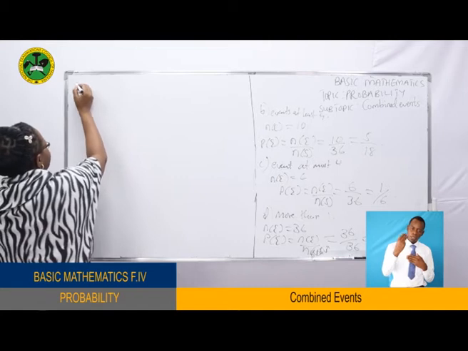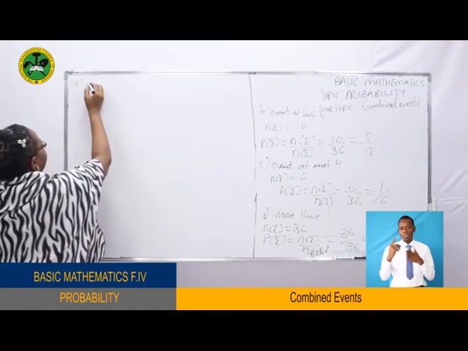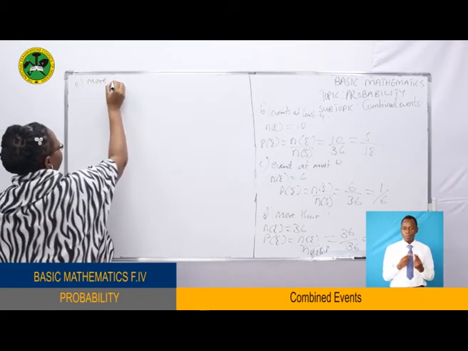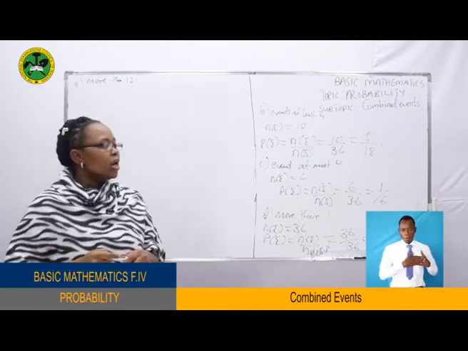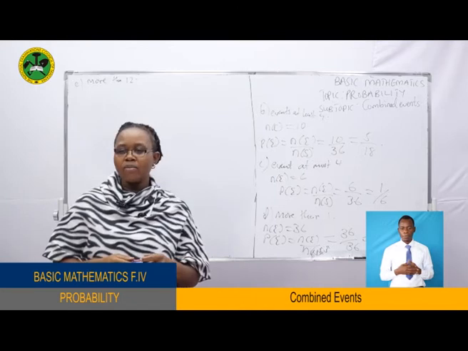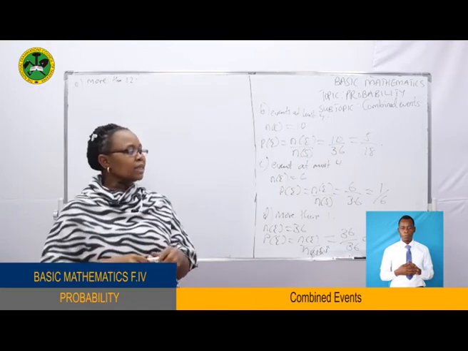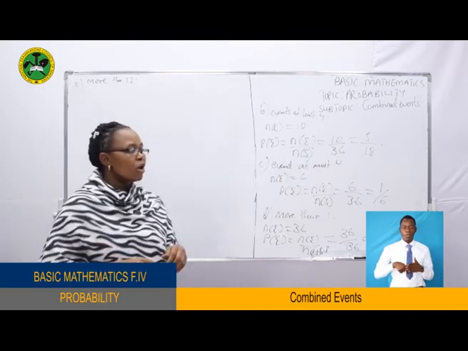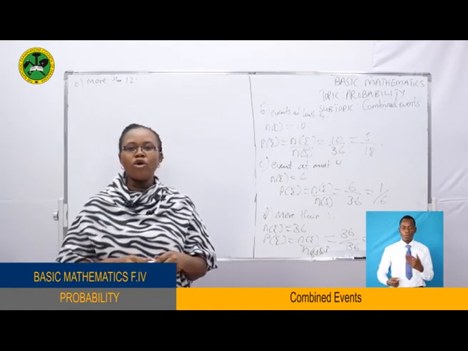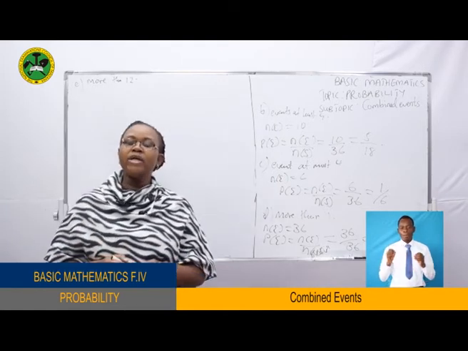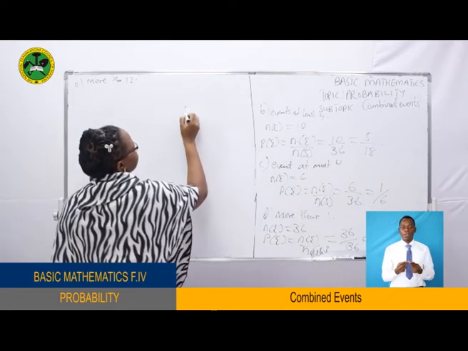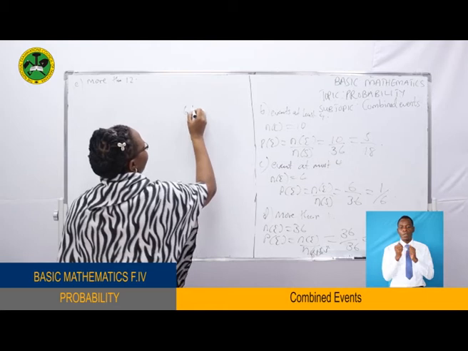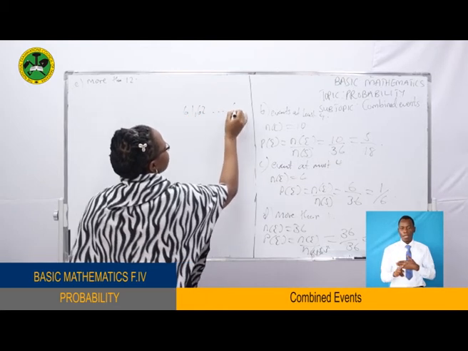Then part E, the probability when the sum is more than 12. My dear students, in our possibility set, there is no number which you can add and obtain an answer more than 12, because on the last row of 6, there was 6, 1, 6, 2, up to 6, 6.